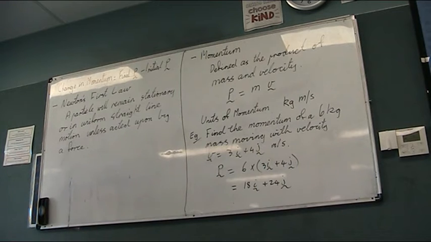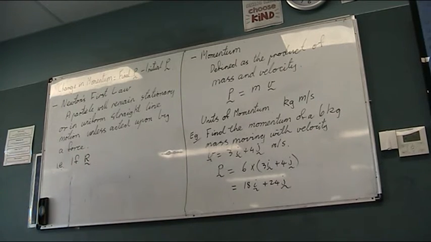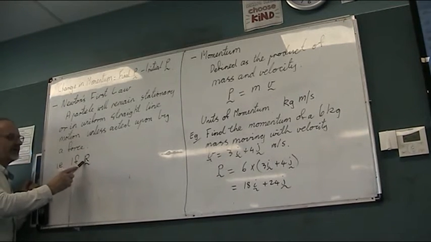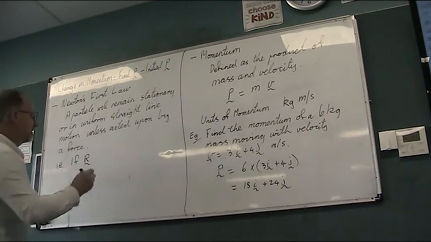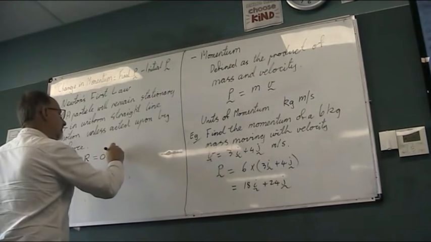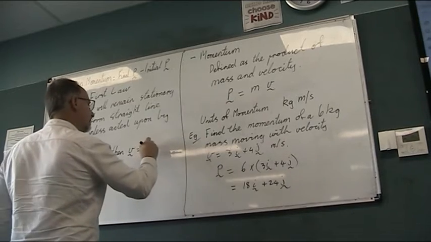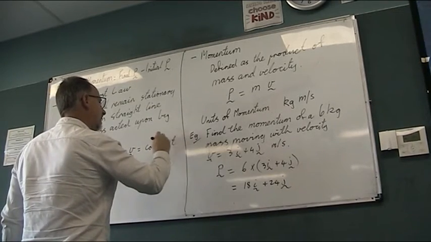Alright, so what does that mean? What that means is, unless acted upon by a force, so what that means is, if the resultant force, and in spec they use this R here to represent the resultant force, if the resultant force is 0, so if it's not acted upon by a force, then it stays in uniform motion, which is v equals some constant.